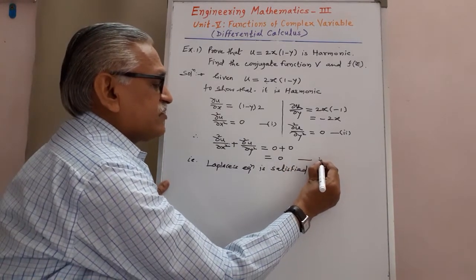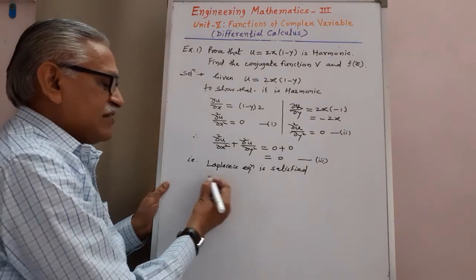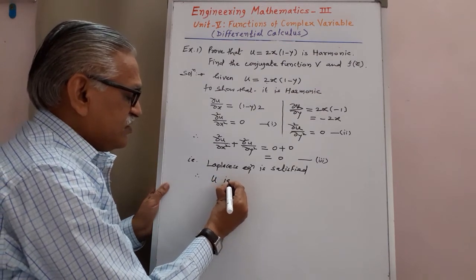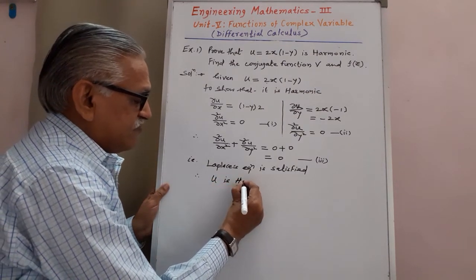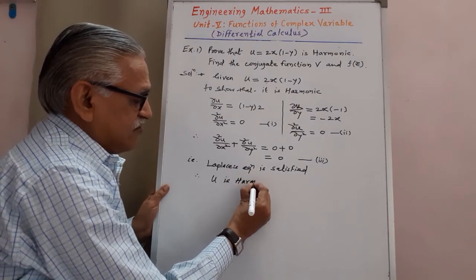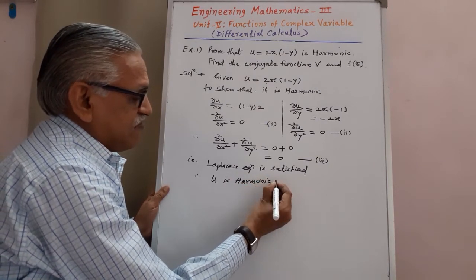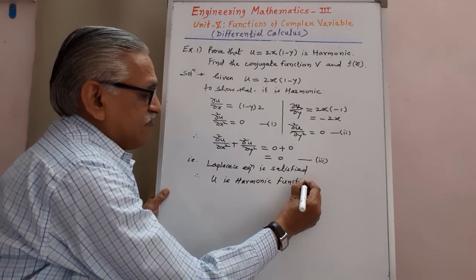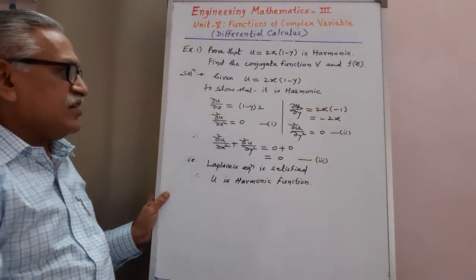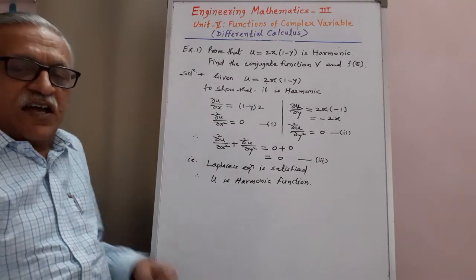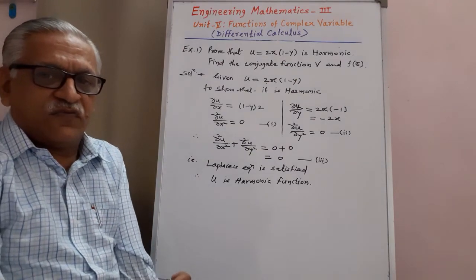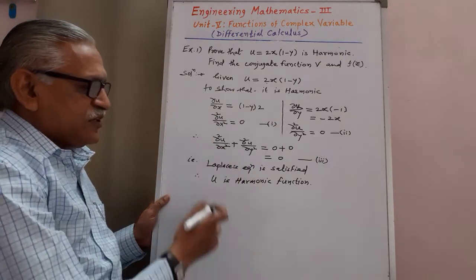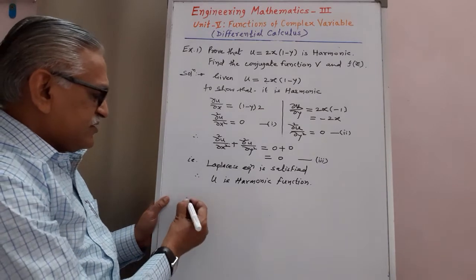We call this equation 3. And as the Laplace equation is satisfied, therefore u is a harmonic function. This is the answer for the first part. I have shown that the function u is harmonic as it satisfies the Laplace equation. First part is over.